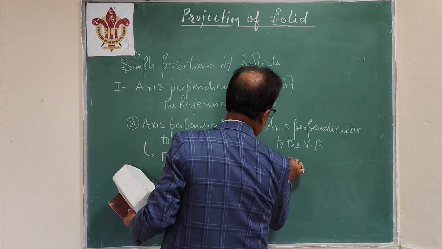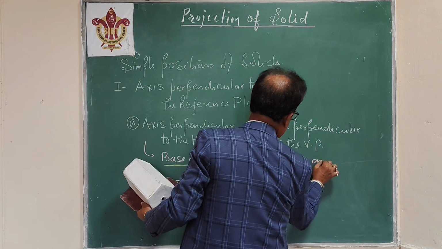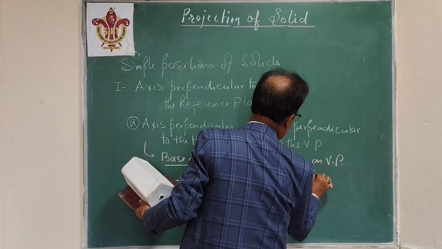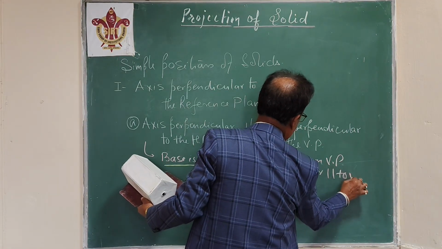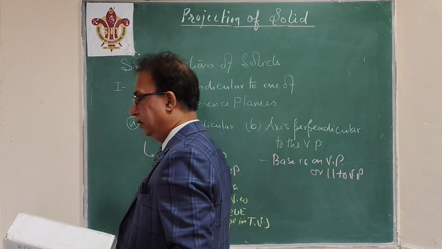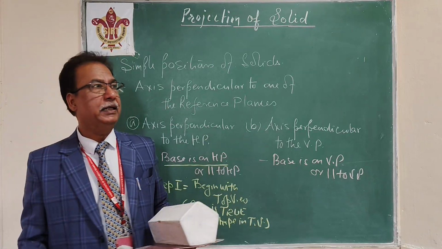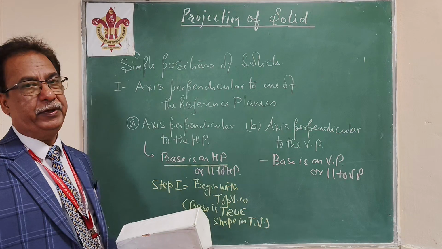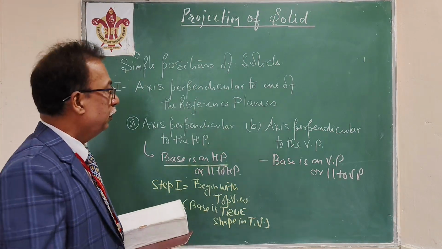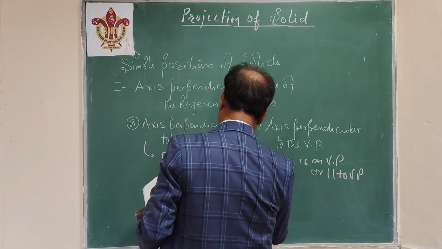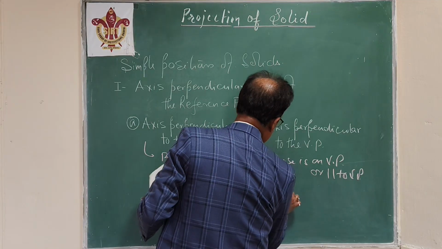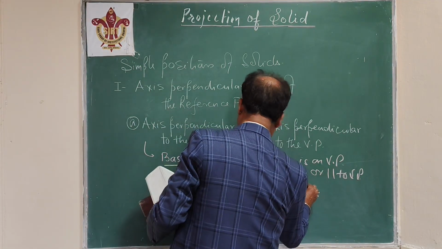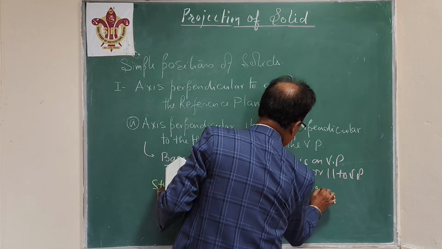It means the base is on the VP or parallel to VP. Again, as I told you, we always start from the view in which we get the true shape of the base. If the base is on the VP or parallel to VP, then this time step one will be to begin with the front view.